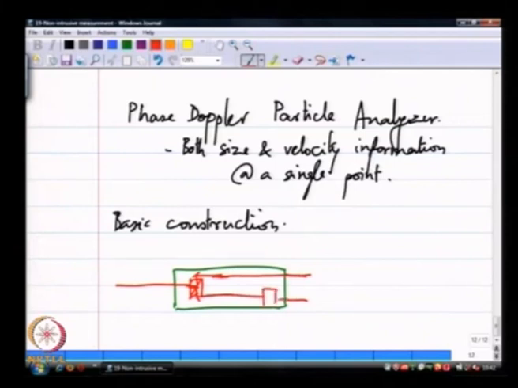And in the path of one of the beams there is a phase shifter. Okay, this is often called a Bragg cell.